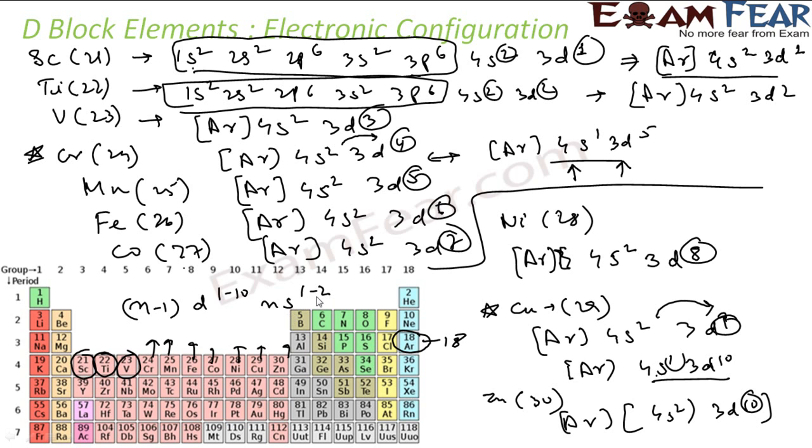This is my inner d orbital and this is the outermost s orbital. And please note, there is a very small energy difference between the (n minus 1)d and ns orbitals. We'll see that.